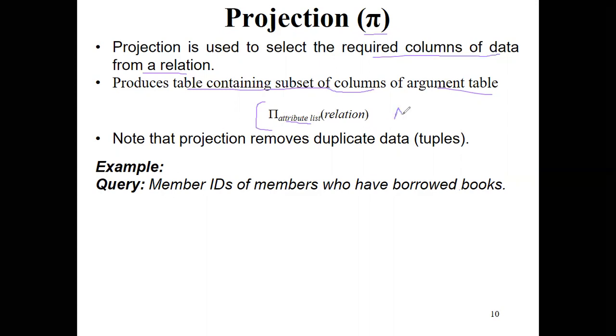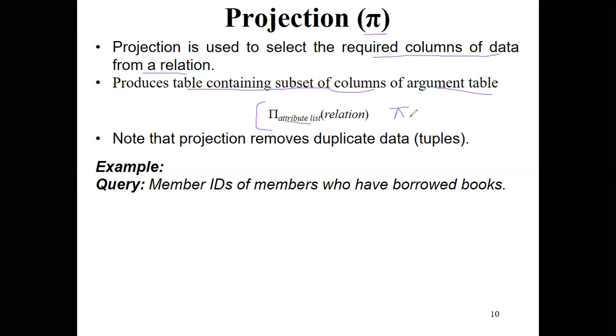Say for example, I have a student relation. The student relation has name, USN, semester, phone number, address. Like that, I have a set of attributes. I have to retrieve the name and USN of the student relation.